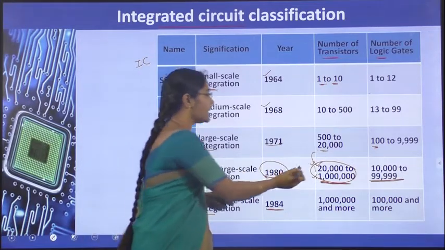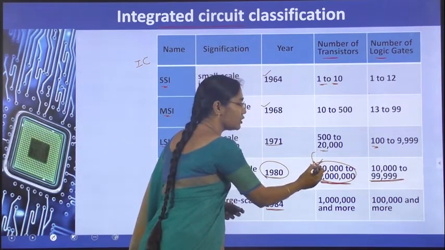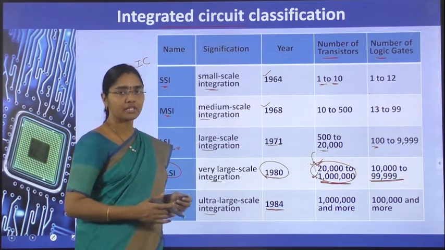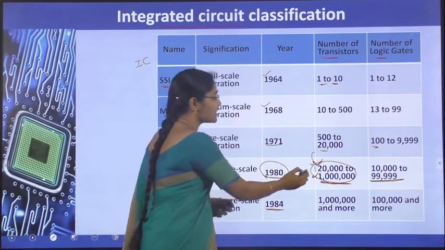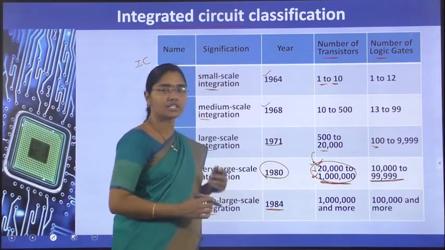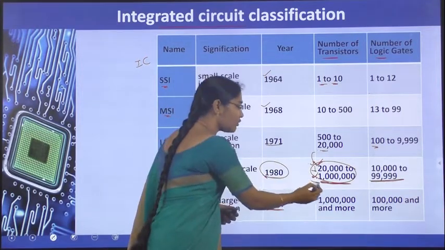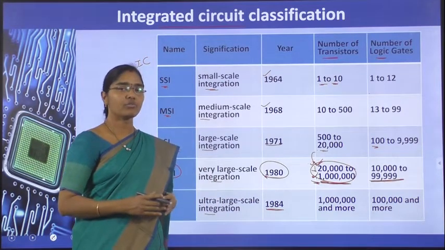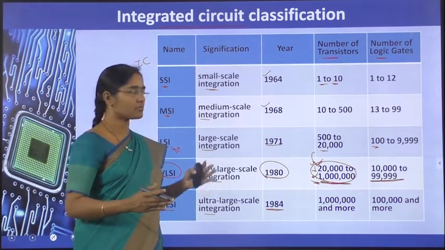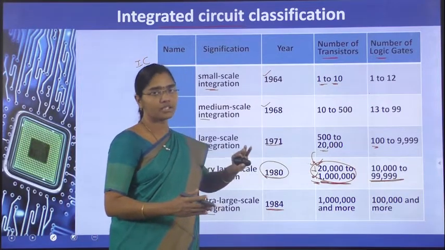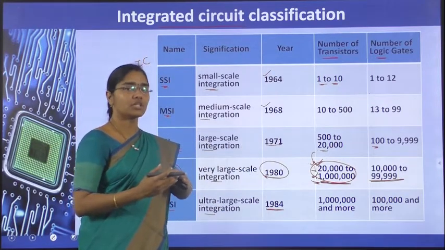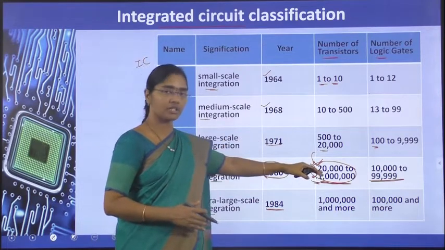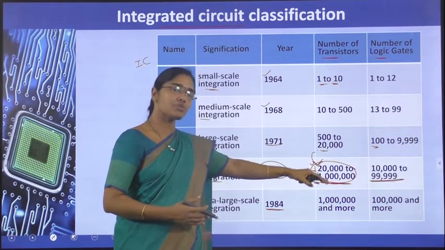With VLSI, applications from the lower end to the higher end can be implemented because it has a range of 20,000 transistors to 10 lakhs of transistors. Whatever circuit can be implemented with LSI, the same can be implemented with VLSI, and much more circuitry also can be implemented.